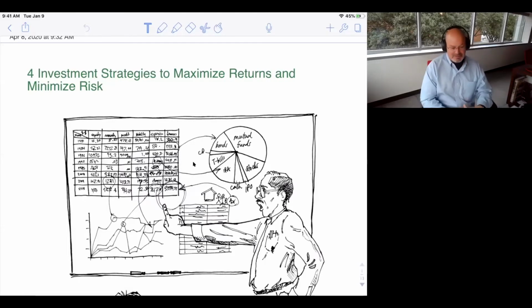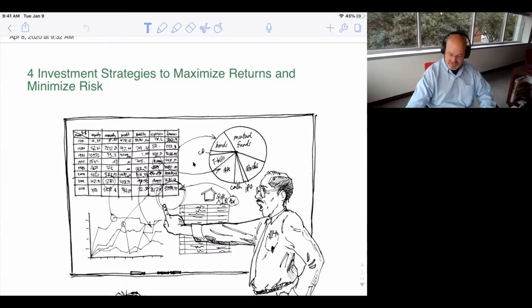So hopefully we can take advantage of some of that historic movement in the market, and I can illustrate and show you what I want to show you in today's lesson, which is really 4 investment strategies to help you maximize returns and minimize risk.